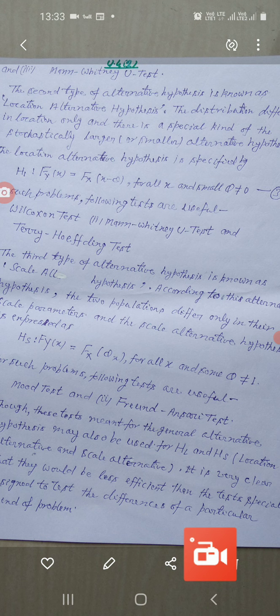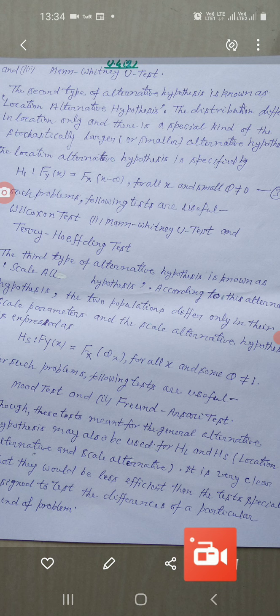The second type of alternative hypothesis is known as the location alternative hypothesis. The distributions differ in location only, and it is a special kind of the stochastically larger or smaller alternative hypothesis.